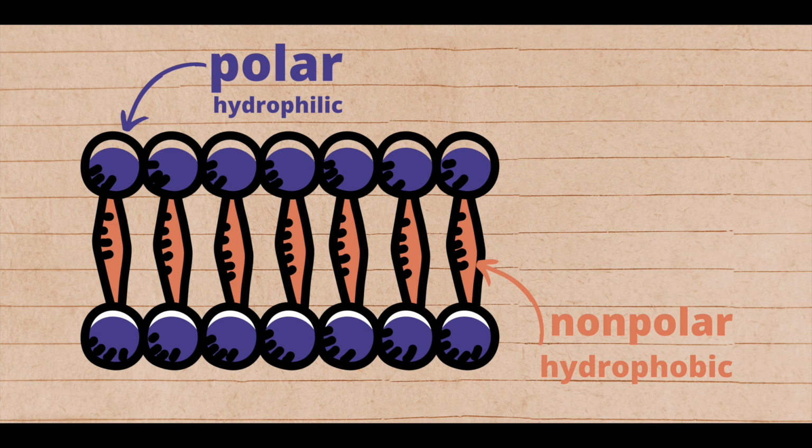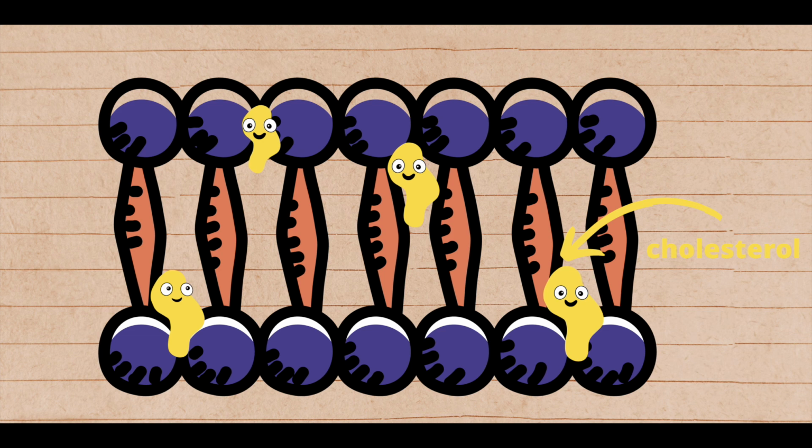There are some really important molecules that hang out around this phospholipid bilayer, and one of them is cholesterol. Cholesterol regulates the fluidity between the phospholipids, and fluidity is basically referring to the space between these phospholipids. The more space there is between them, the better chance molecules have of getting into and out of the cell.